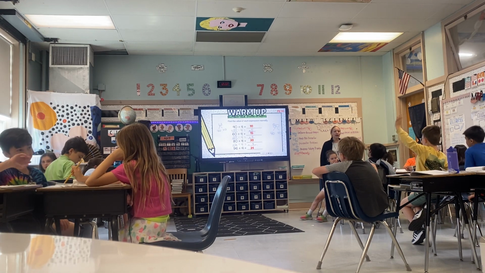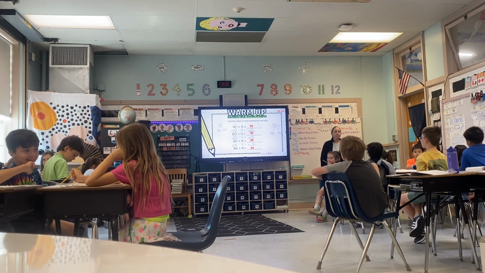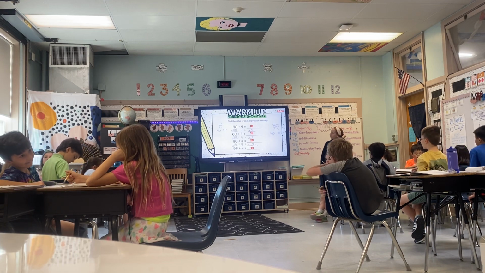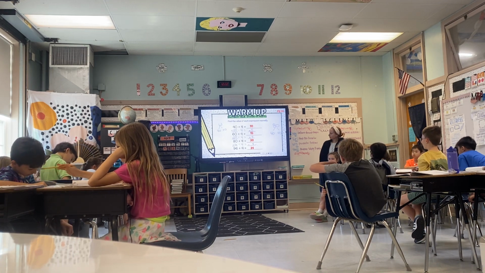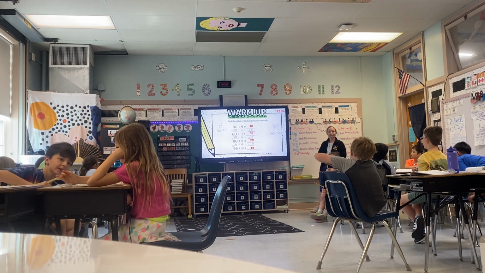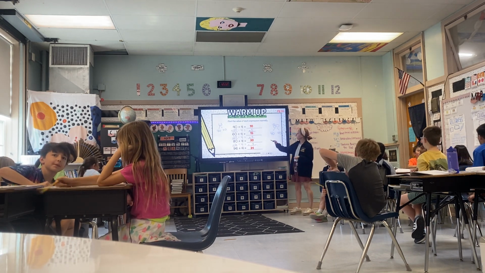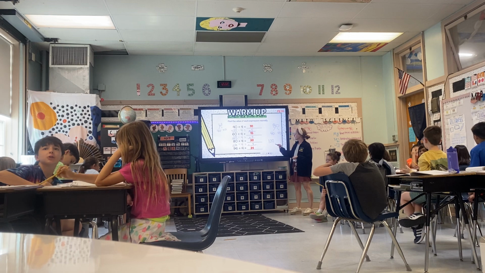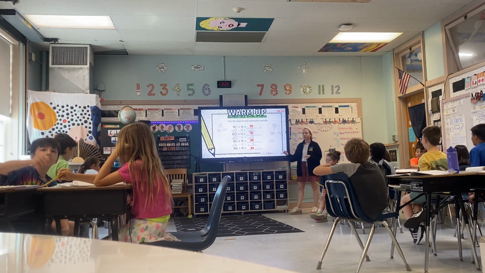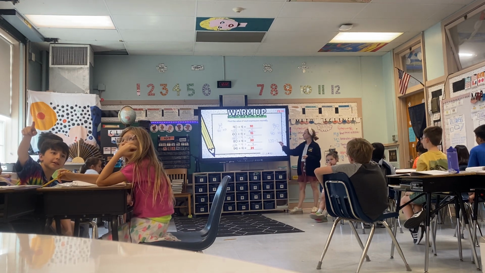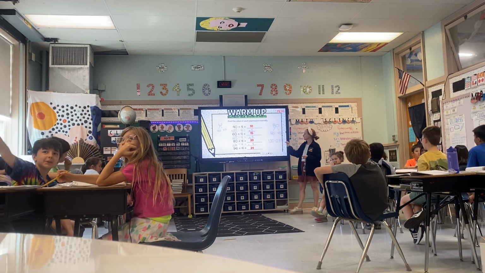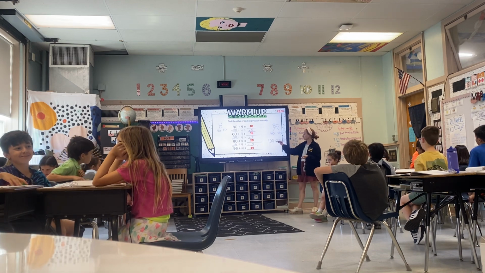Did you have something to add, Elliot? Well, you can also, since 100 is 4 more than 96, and 100 divided by 4 equals 25, you could just subtract 1 from 25.